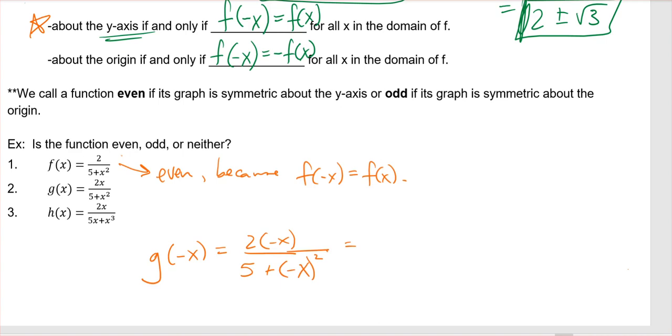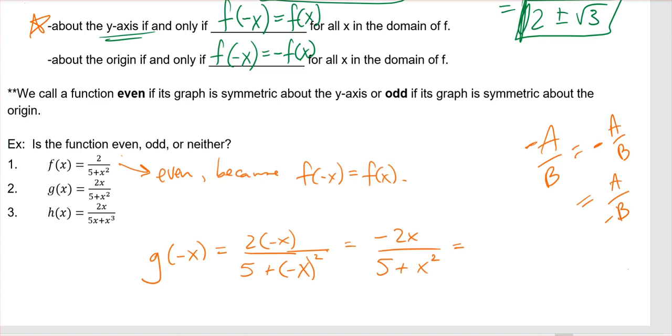So I've got a negative number in the numerator, 5 plus, we square that, it becomes positive. Well, with any fraction at all, I can put a negative out front, or I can put it out front of the numerator, in the middle of the bar, or out front of the denominator. It doesn't really matter. But we can write this.